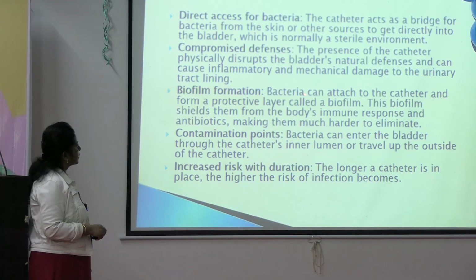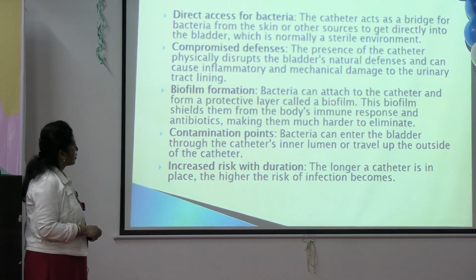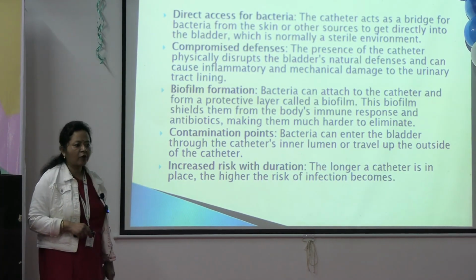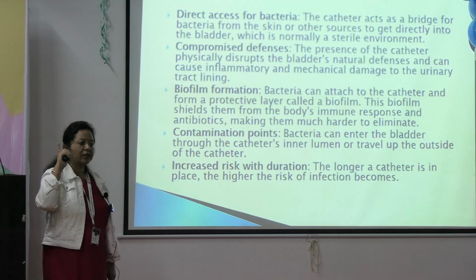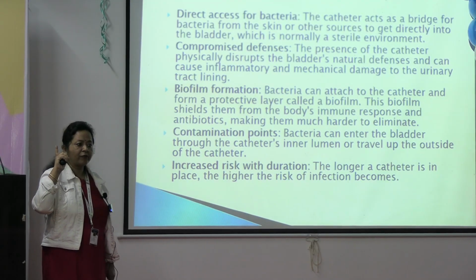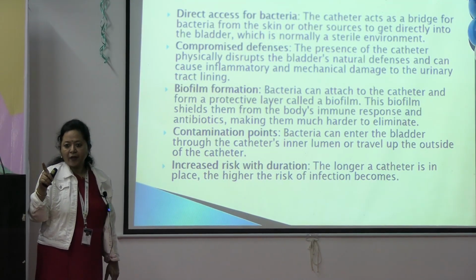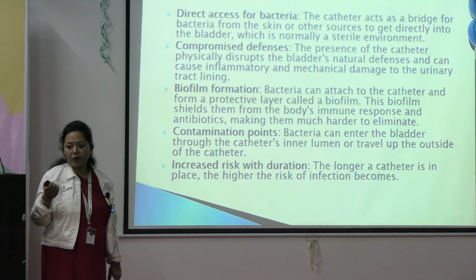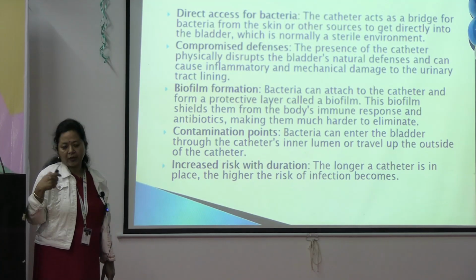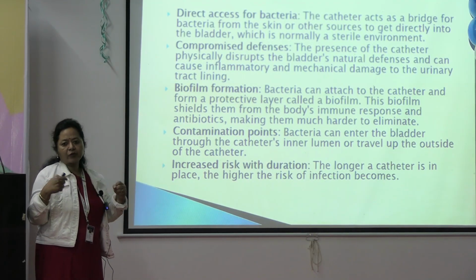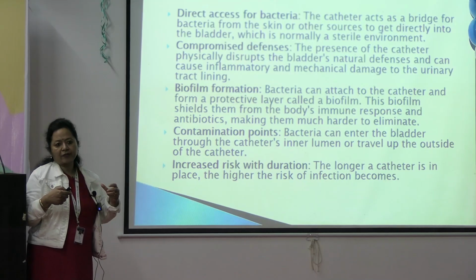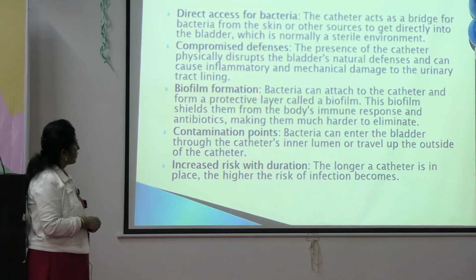Biofilm formation is bacteria can attach to the catheter and form a protective layer called biofilm. Some bacteria have got that, remember in the first class I told you slime layer and biofilm. Do you remember this? So how it becomes difficult for us to treat these patients because they go and attach to prosthetic devices or the catheters. So biofilm is also a factor here.